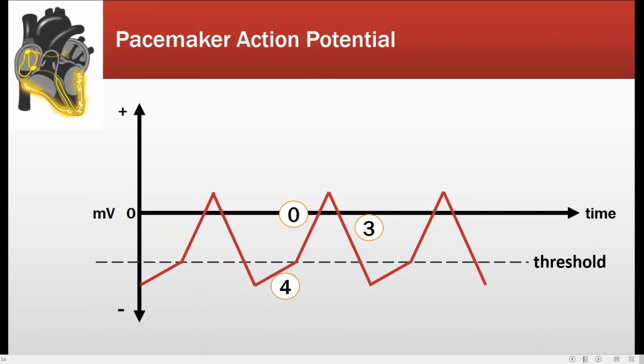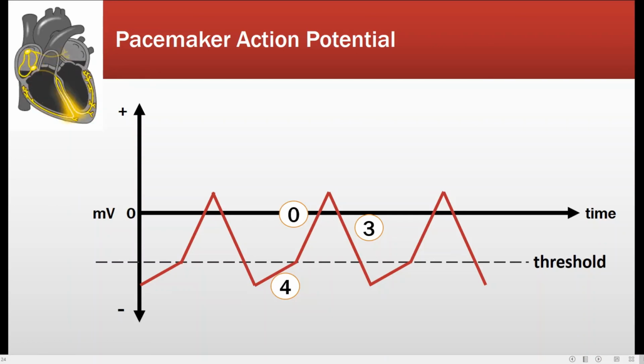depolarization occurs. So in contrast to the non-pacemaker cells, or the non-pacemaker action potential, there is no inward movement of sodium ions during depolarization. Okay, so repolarization occurs because of an increase in potassium permeability.